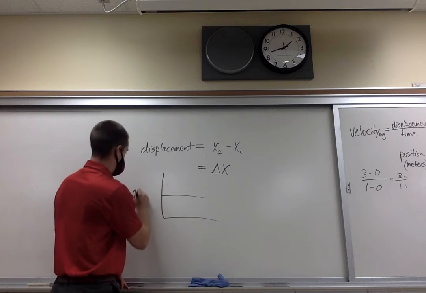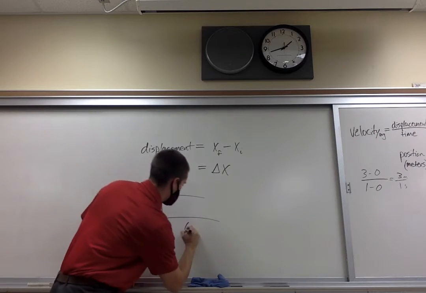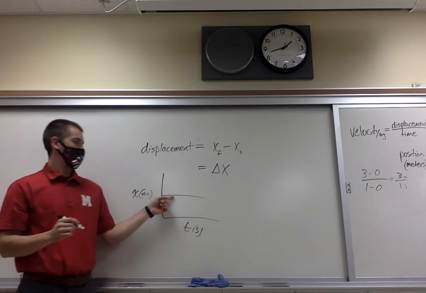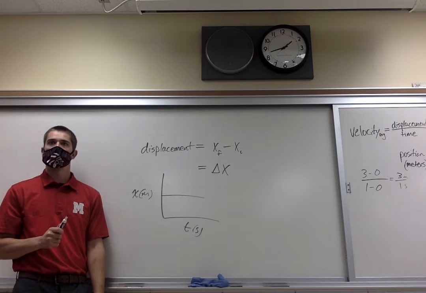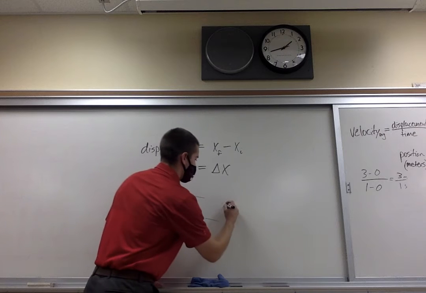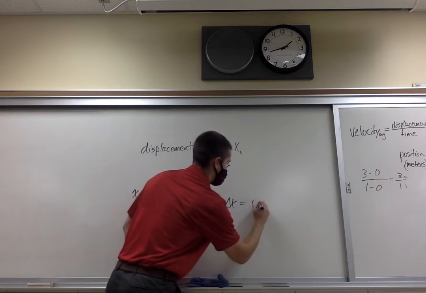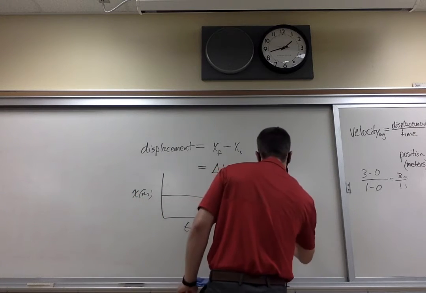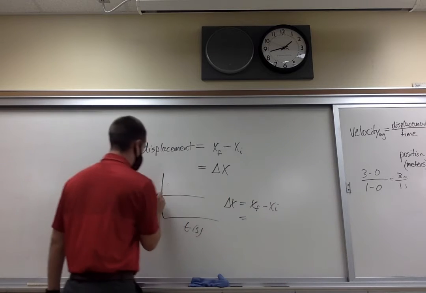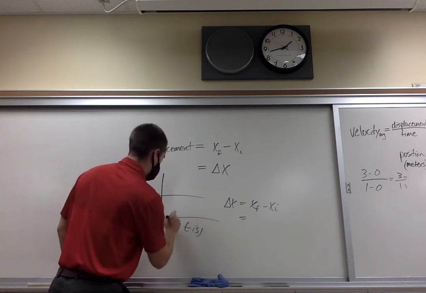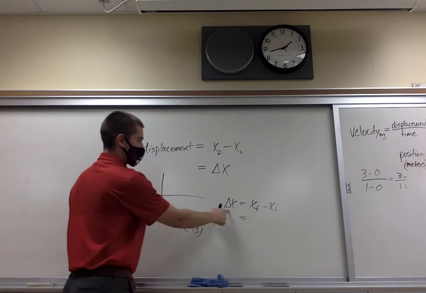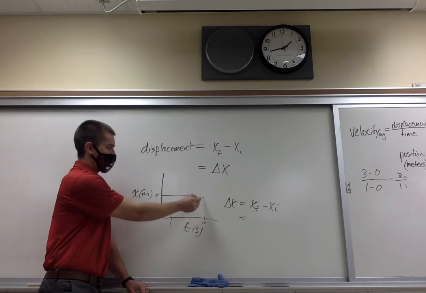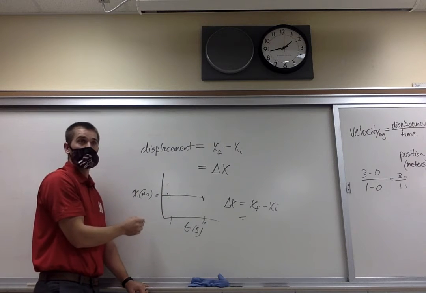this guy, when I had position in meters and time in seconds, what's the displacement of this motion? 0, right? If I did delta x, I want x final minus x initial. If this is 10 meters, say 1 second, 10 seconds, I do my final position minus my initial.